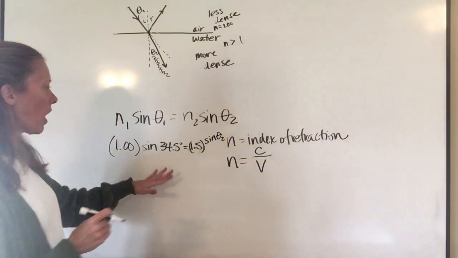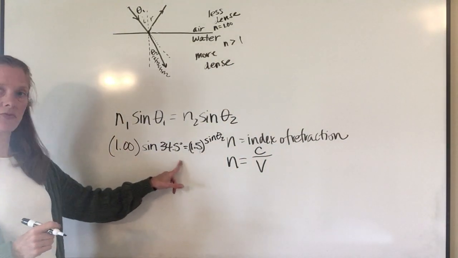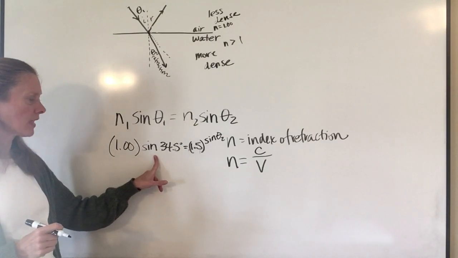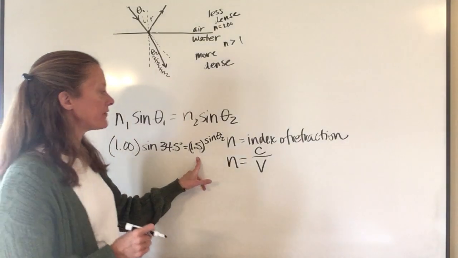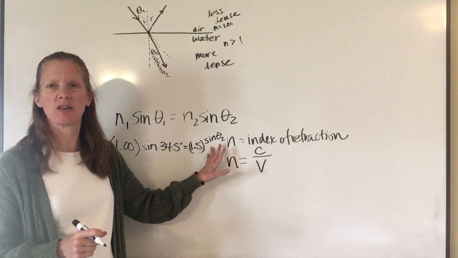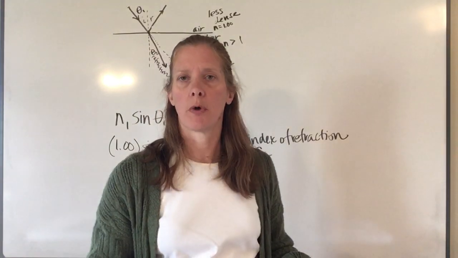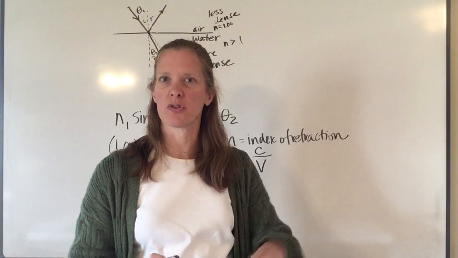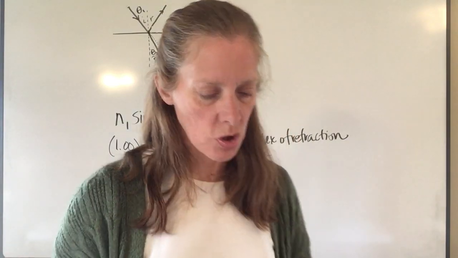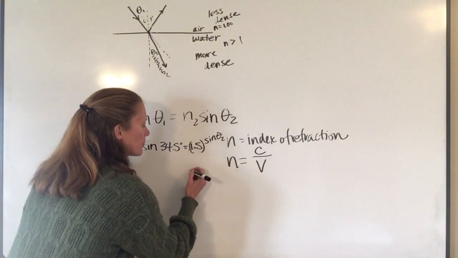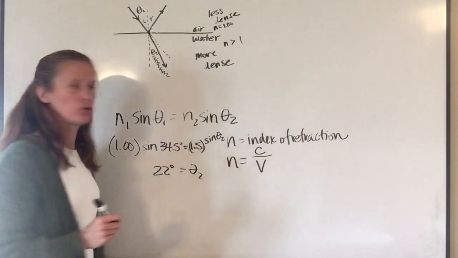So when I solve for this, you're going to take 1 times sine of 34.5, divided by 1.5, and then you'll have to take the inverse sine. You guys should have plenty of practice doing this from all of the trigonometric ratio stuff in the first several modules this year, so that shouldn't be a problem for you. So you should have an angle of refraction equal to 22 degrees.